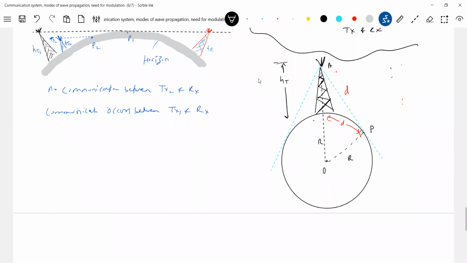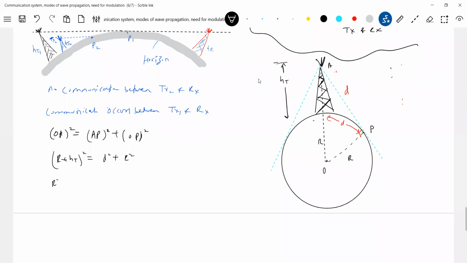We'll derive the expression here. OA square, right angle triangle, what do we have? AP square plus OP square. What is OA square? Radius of the earth plus height of the tower. And what is AP? D. And what is OP? This is R.